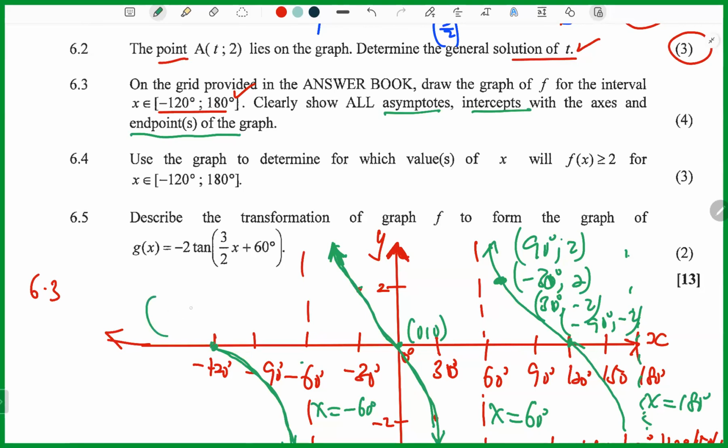Like this endpoint is a point. So we have minus 120 degrees and 0. And this endpoint of the graph, for example, is 180 degrees and 0. Okay, we continue there.